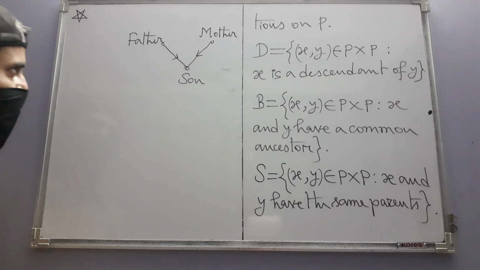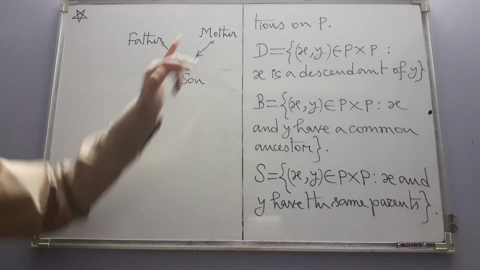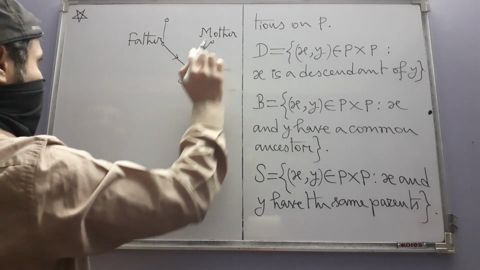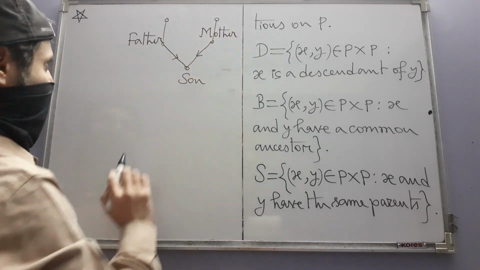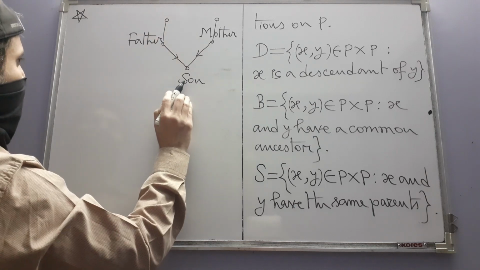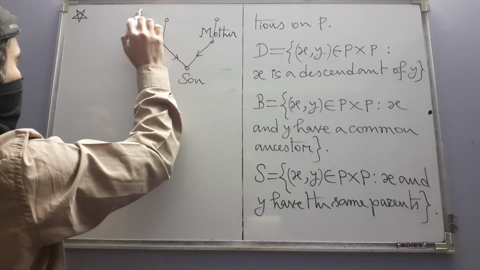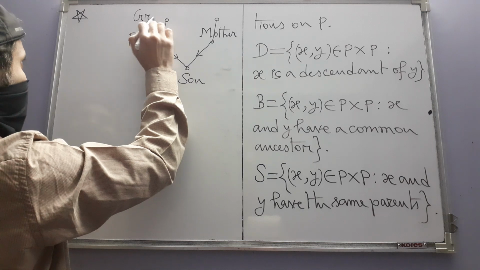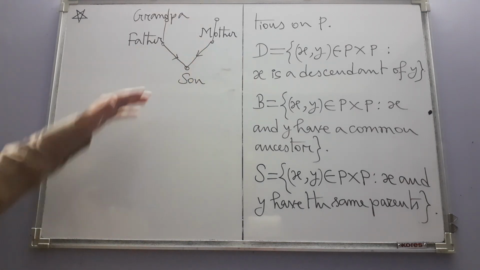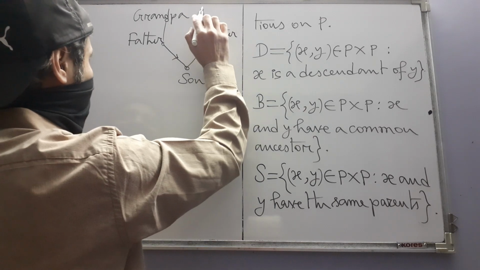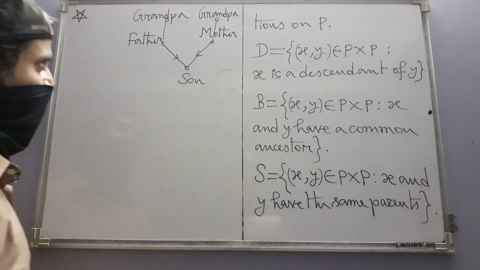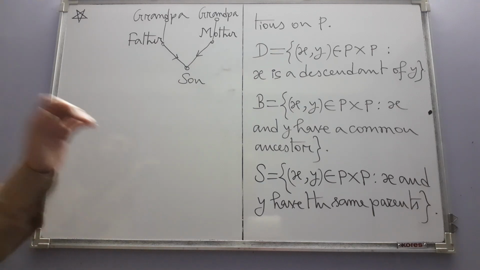The son has come from his father and mother, but the father and mother themselves came from someone else: the grandpa from the father's side and the grandpa from the mother's side.